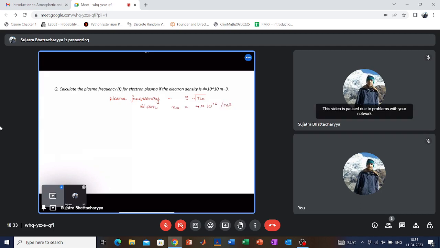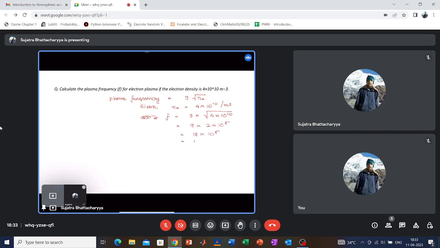Therefore, f is 9 into root over 4 into 10 to the power 10. So it is 9 into 2 into 10 to the power 5, so it is 18 into 10 to the power 5.